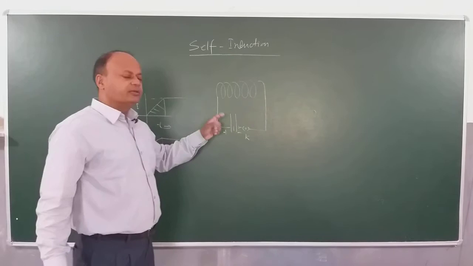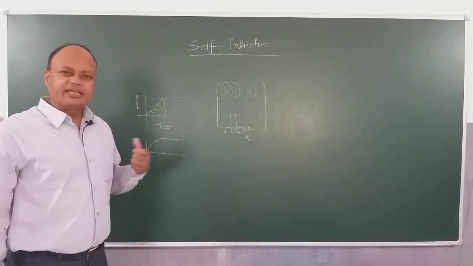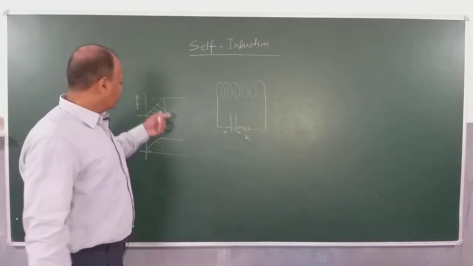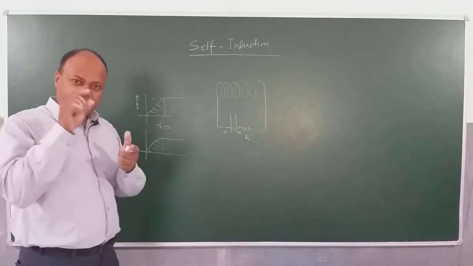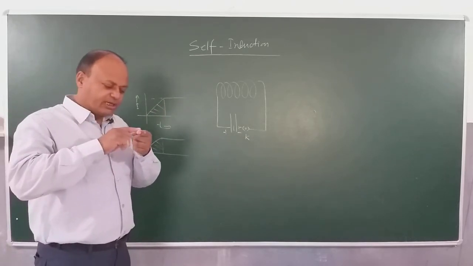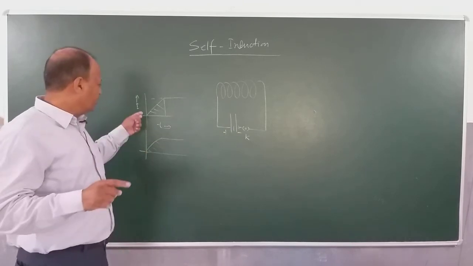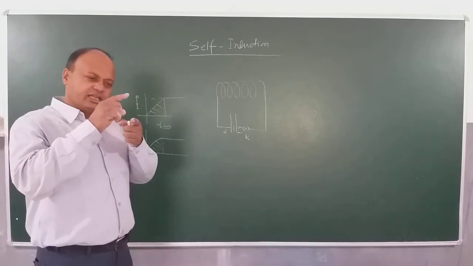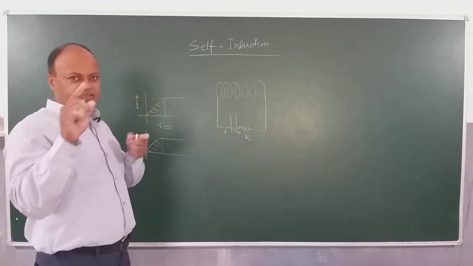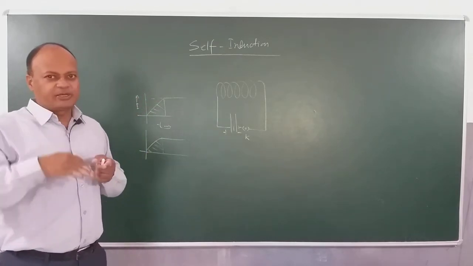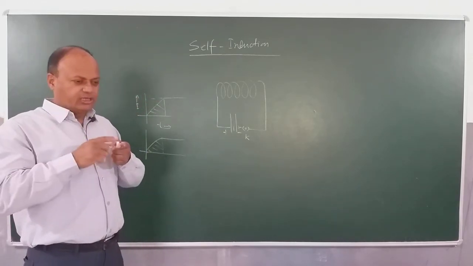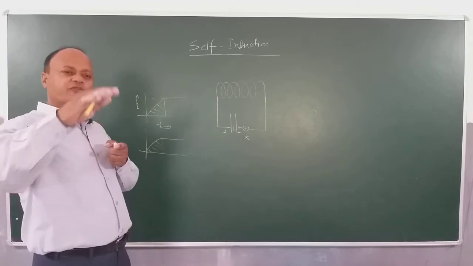When I close the key, then current suddenly does not become uniform like this. At time t equal to 0, the current is 0, and then the current starts increasing till it becomes maximum, and then the graph becomes like this, right? Immediately it will not become steady. It will increase and after some time it will become uniform.